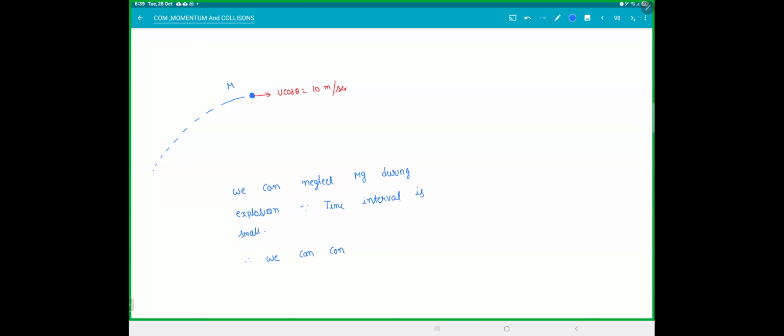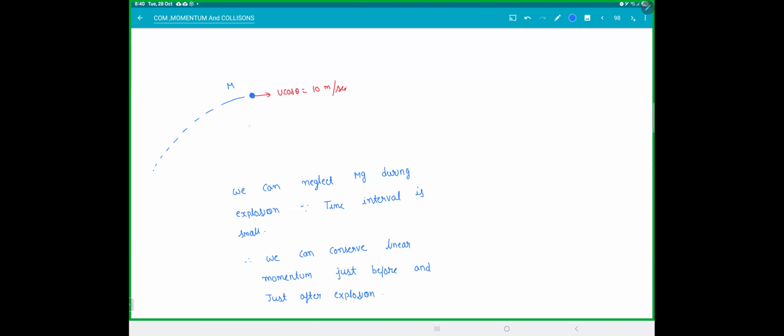So keep this in mind: if you have gravity, you can conserve linear momentum just before and just after if the time interval is small. Now we have gone from center of mass and are slowly entering momentum conservation.